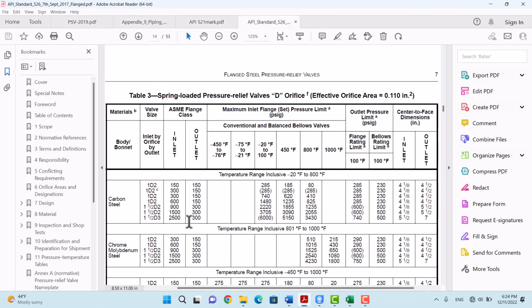F24 means, in most P&IDs, 600 pounds, and B24 is the designation for carbon steel, and F is for 600 and B is for 150 pounds. So we are supposed to select the fourth row, this row.